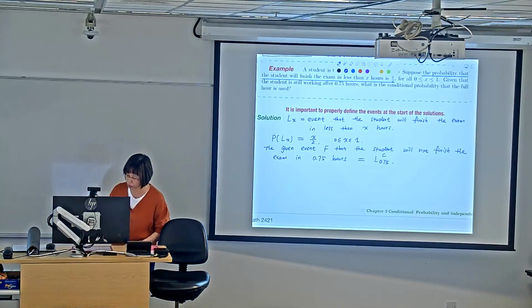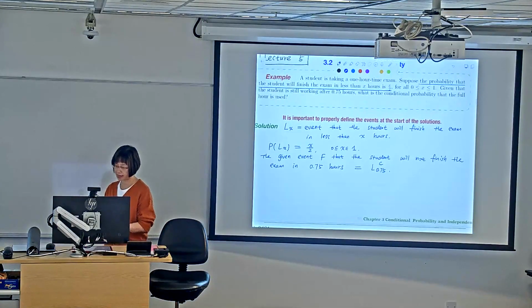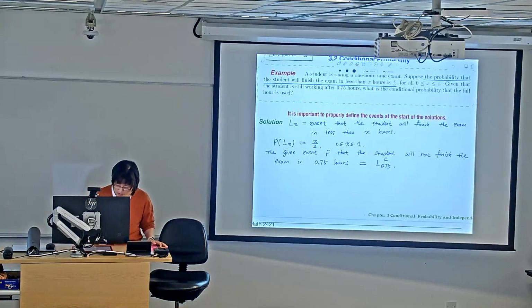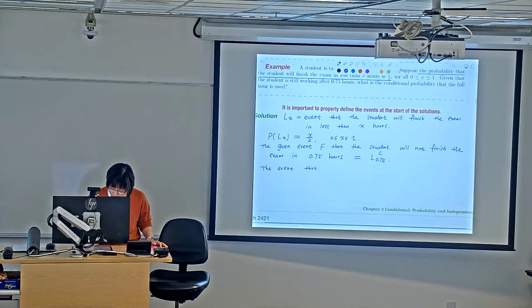We are interested in finding the conditional probability of the event that the full hour is used. Let's also denote this in terms of L_x.